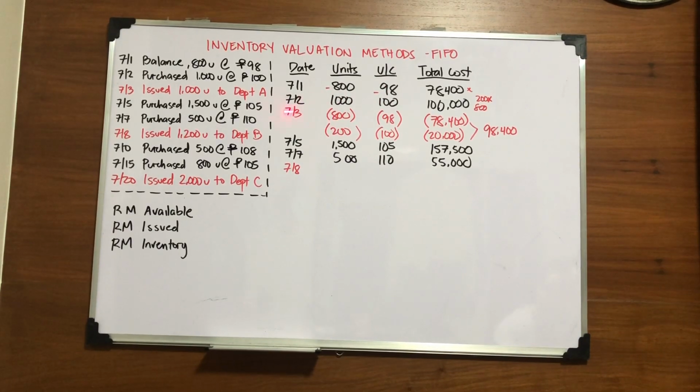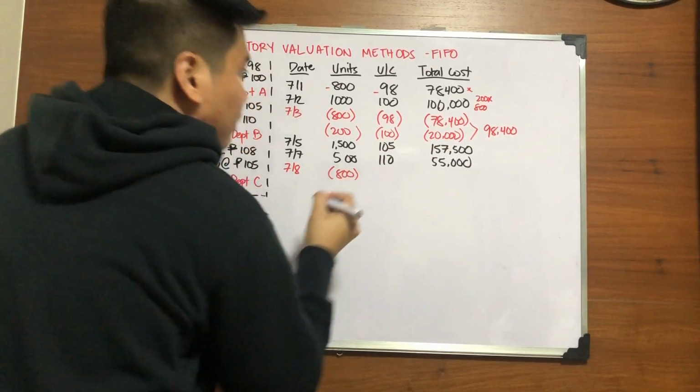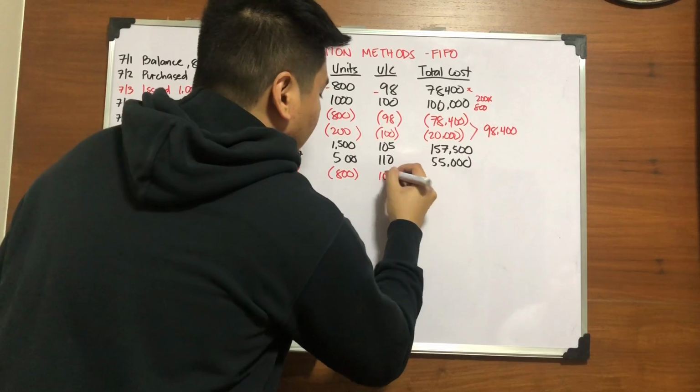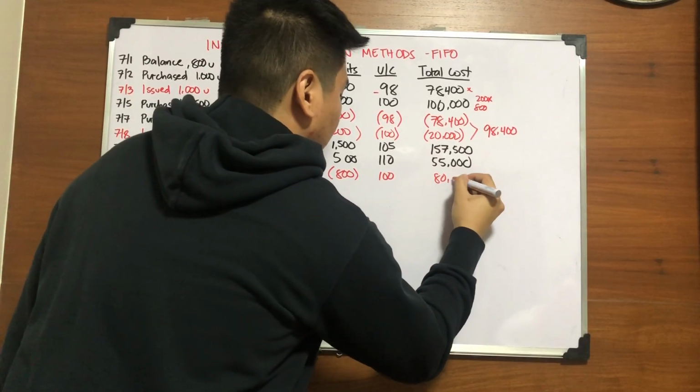In July 2, we still have a remaining 800 units available for use with a unit cost of 100 pesos each. This still does not have an X, so we put an X on it and consume it in the July 8 transaction. We put here 800 at a unit cost of 100, which gives us 80,000.